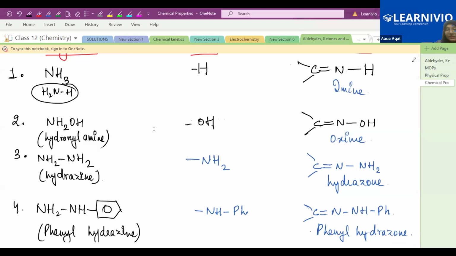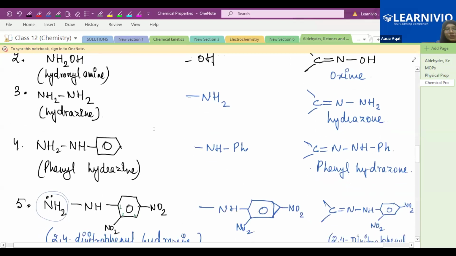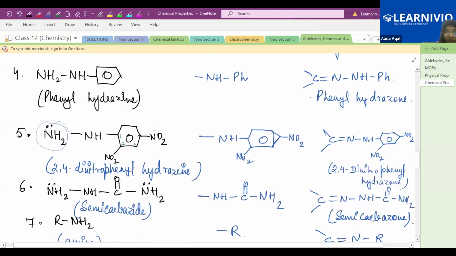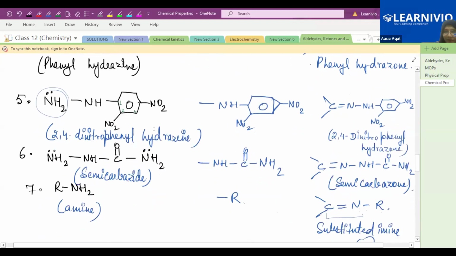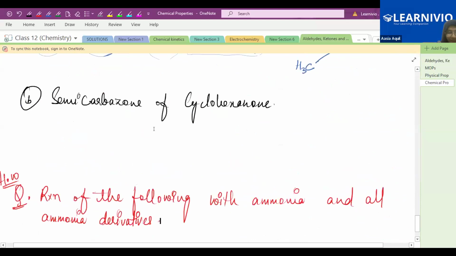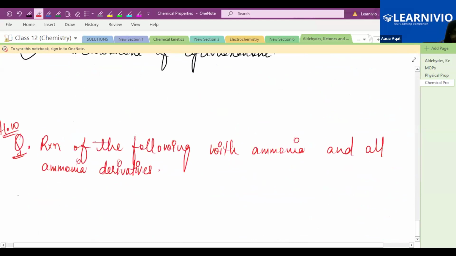NH2OH, NH2NH2, NH2NH with phenyl ring, 2,4-dinitrophenyl hydrazine, semicarbazide, amine. These seven reagents के साथ आपको treatment कराना है and write down the reaction.